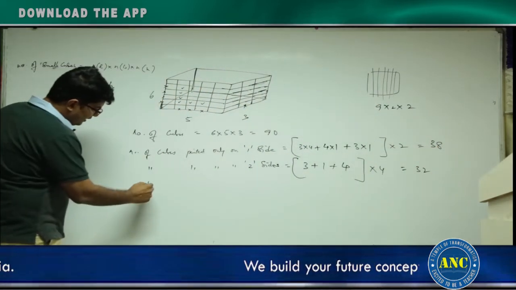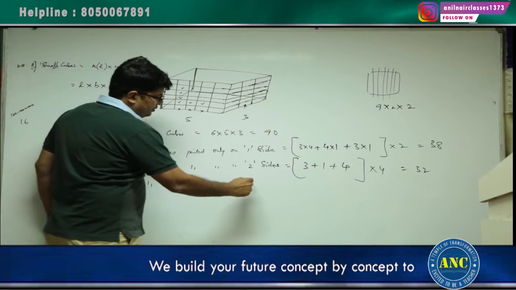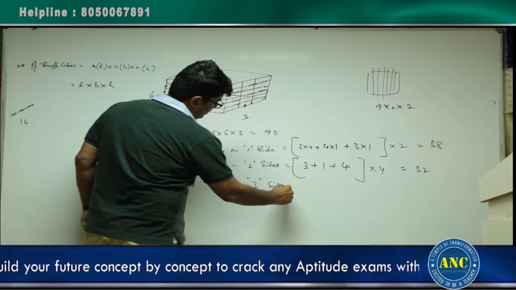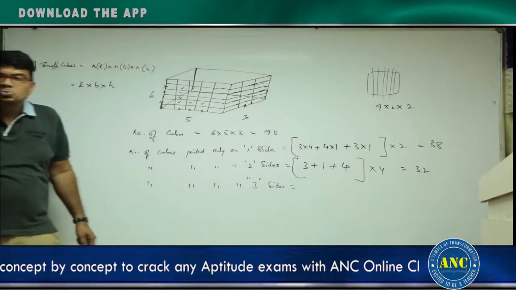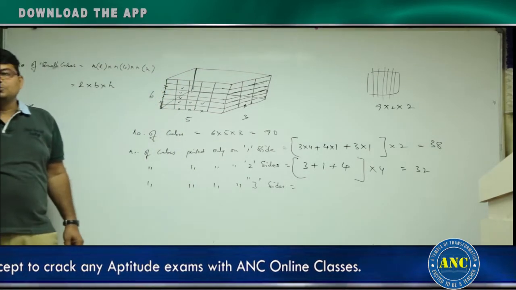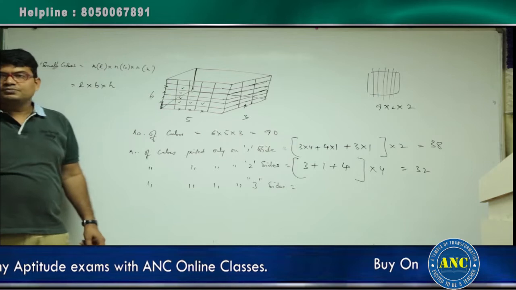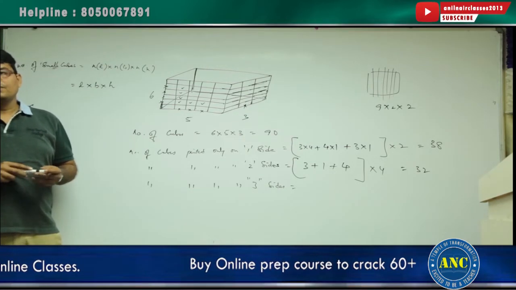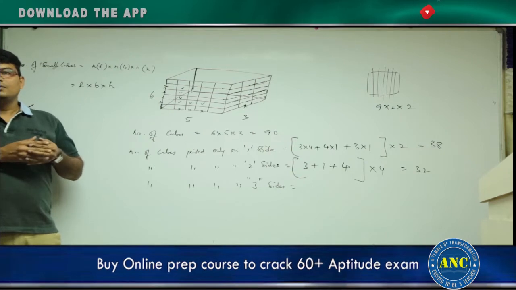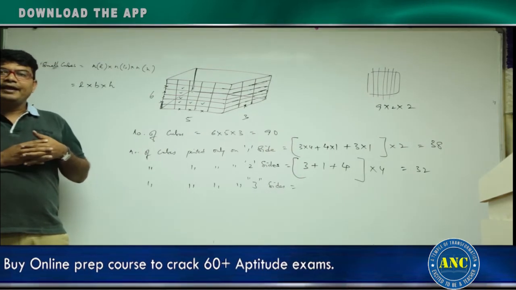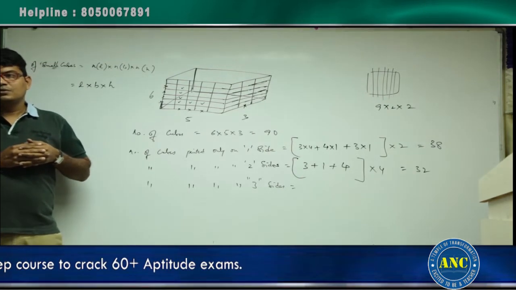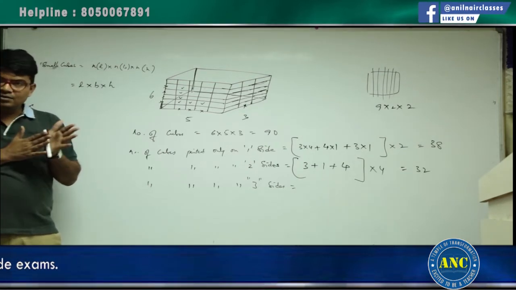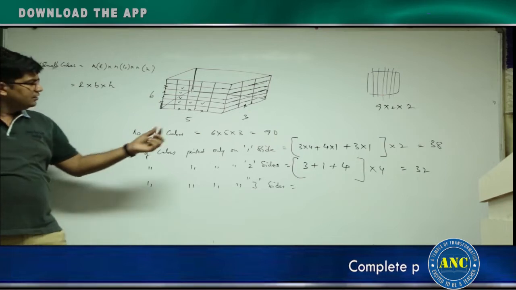Okay. Now the smart kids will do 3 sides. This is very, very easy. It will be 8. Why 8? These are the corners.